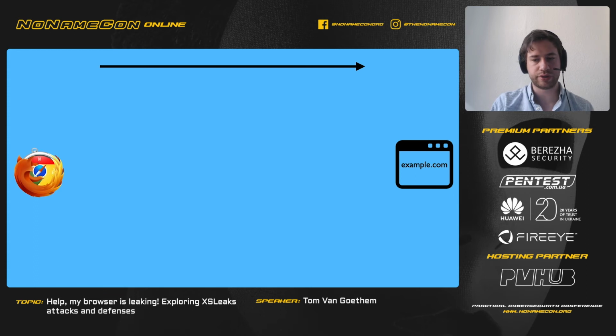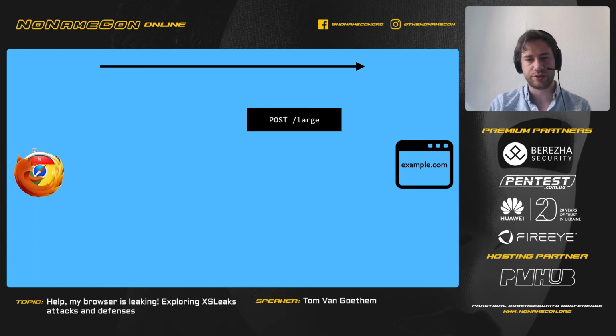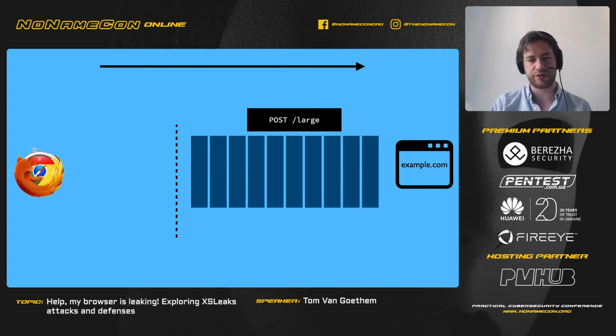So let's look at how this works. First we have our large POST request, which will fill the first TCP window with 10 TCP packets.